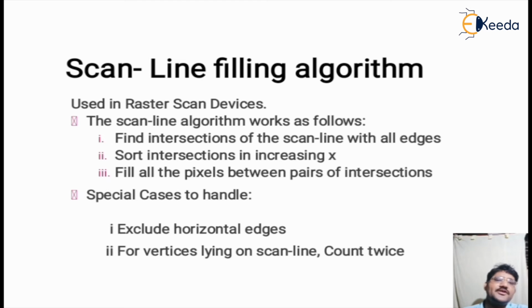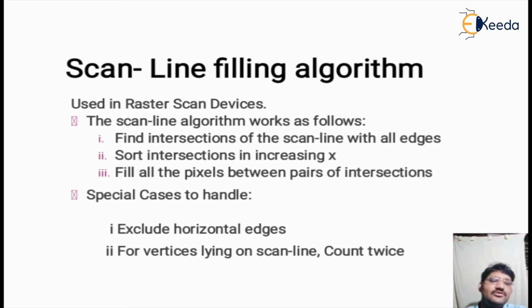Now the third important algorithm for area filling is the scanline filling algorithm. This method is used in raster scan devices for filling areas. This algorithm works as follows: first we find the intersections of the scan line with all edges.